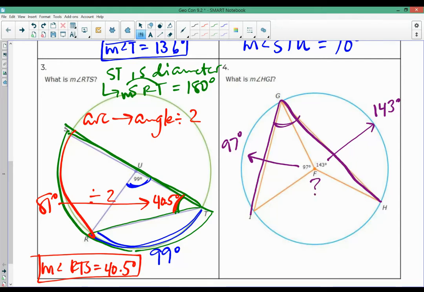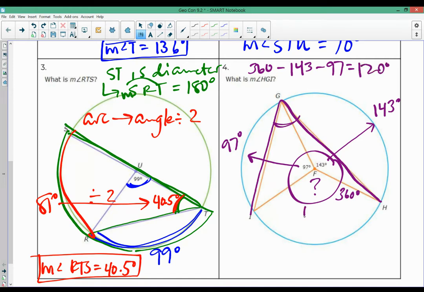This one, I don't know, but I could figure it out because the whole thing has to be 360 degrees. So I'm just doing 360 minus 143 minus 97, and I get 120. So that means this arc is 120 degrees. I had to do that first before I can go back and find the measure of this angle, HGI.